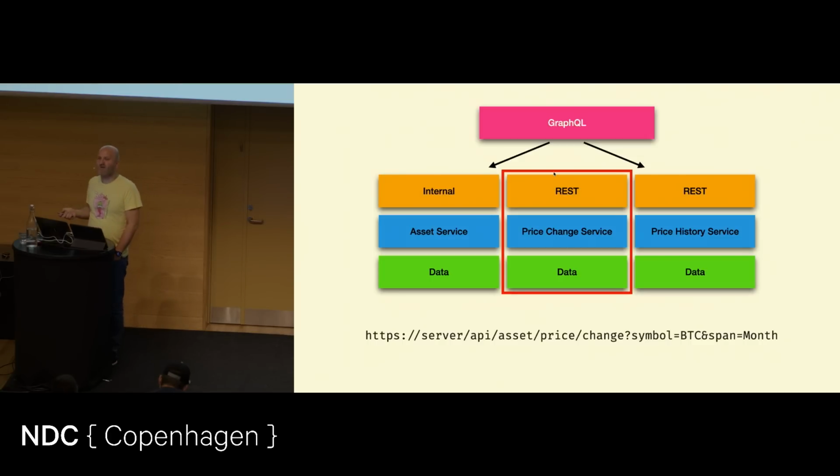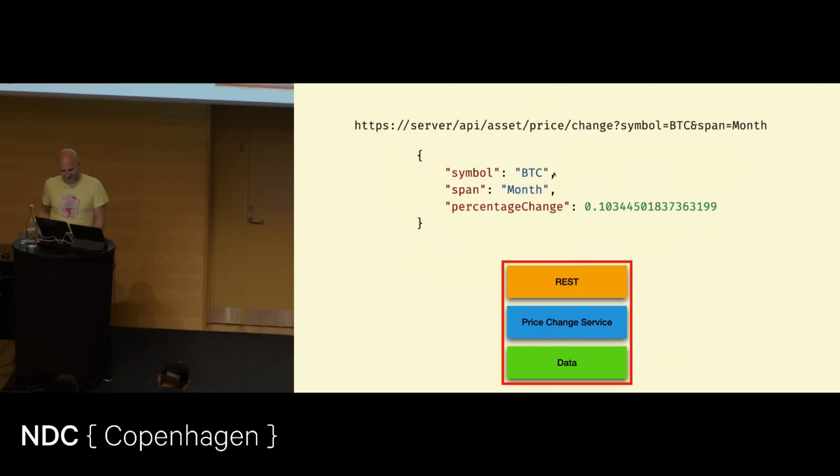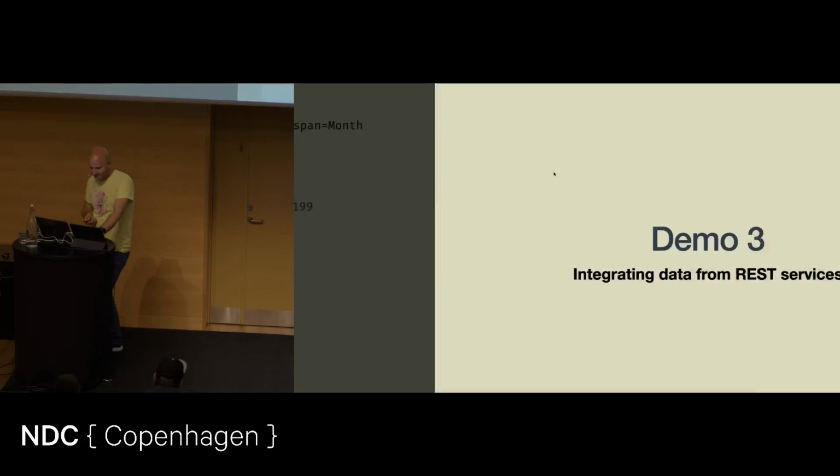It's actually online. You can't, because I didn't post a real URL. Okay. So our service would return a data structure like this. When I asked for the Bitcoin monthly change, I would get a percentage change here, like 0.1%, for instance. And I want to integrate that into my GraphQL service.